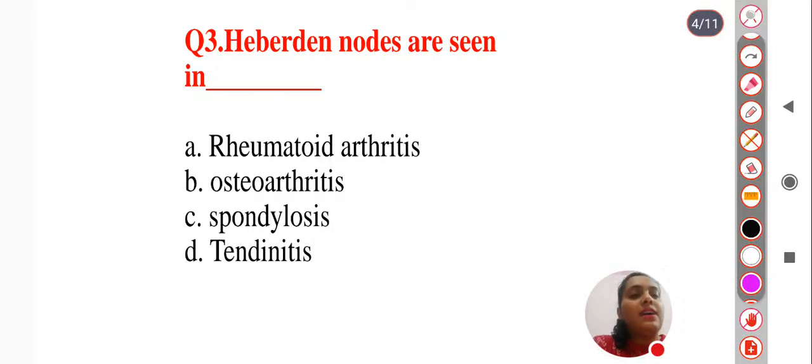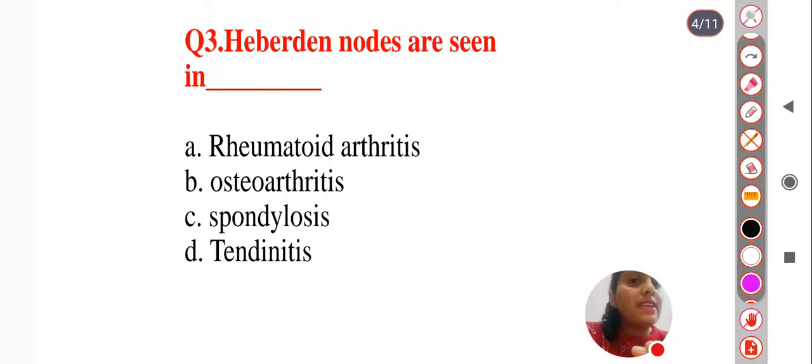The B answer is correct. The osteoarthritis is the correct answer. Firstly, you should know what are Heberden nodes. Heberden nodes are the nodes which are present near the nail bud. These nodes are Heberden nodes, and these are the characteristic signs of osteoarthritis.